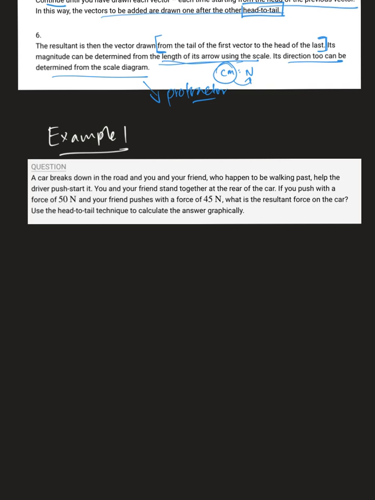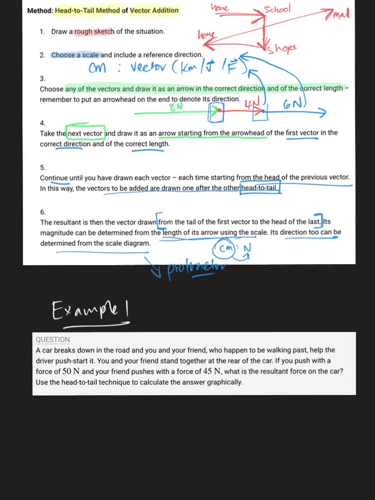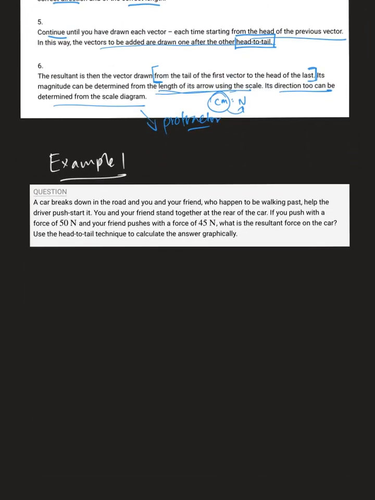Alright, so the first thing I need, if I look at my rules, I need a rough sketch. So a rough sketch just means if this is the car, you are over here and you're pushing, and your friend is over here, and they're pushing, and you both are pushing in that direction.